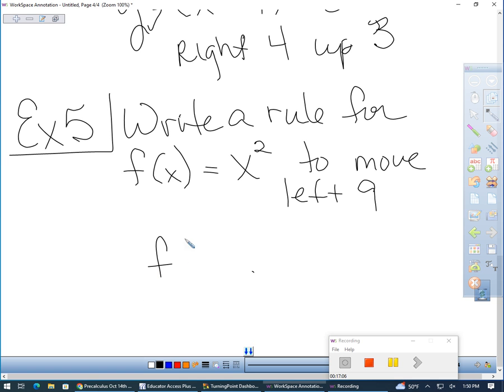All right, so we have f of x equals. Now, in with x, so it's really going to be a parenthesis and then the squared. I have to have my x plus 9. Very good. That is x minus h. And since h is left 9 or negative 9, x minus a negative 9 is x plus 9.